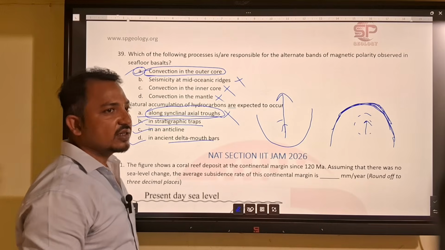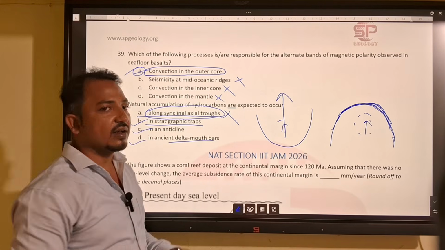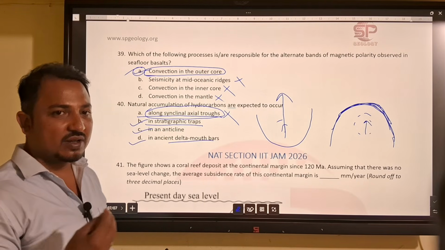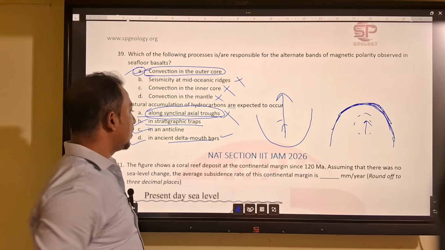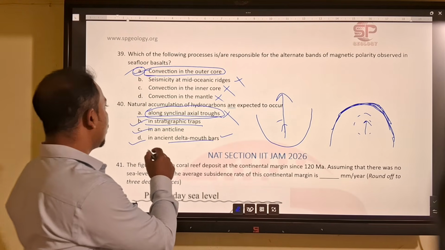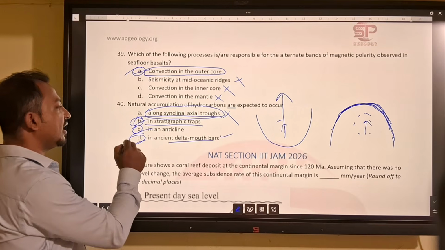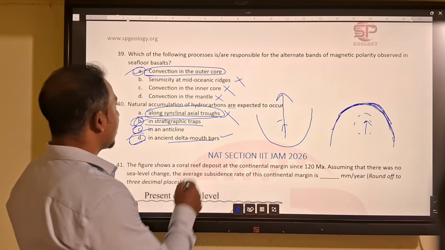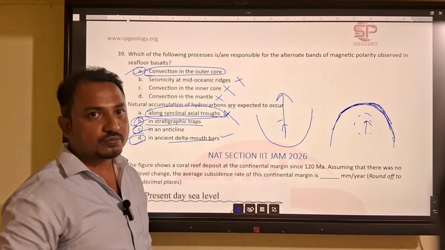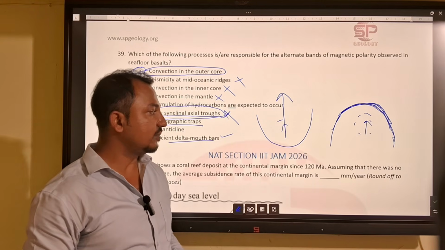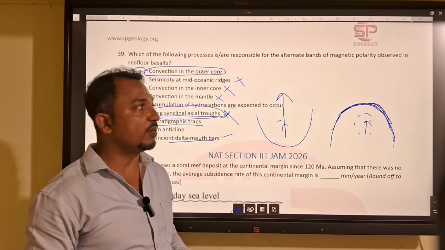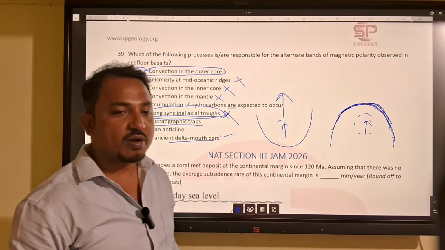Delta mouth bars are also a region where you get impermeable clay sediments, so that also can trap your petroleum. So B, C and D will be correct and A will be incorrect. So this is your full solution of the MSQ section. The next video will complete the MCQ part.